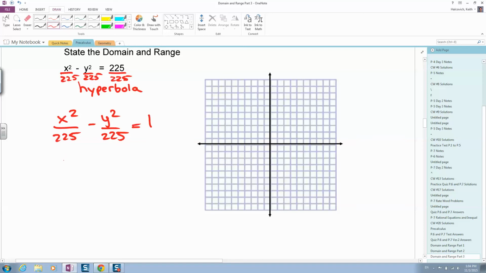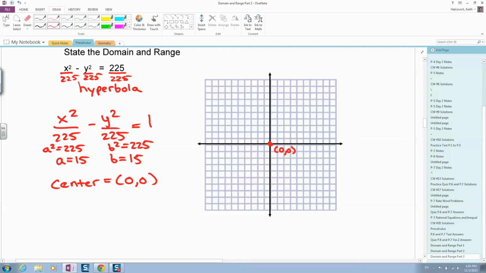That means a is 15 and b is 15, because a squared is equal to 225 and you take the square root. Same with b squared. And the center of the hyperbola is 0, 0.